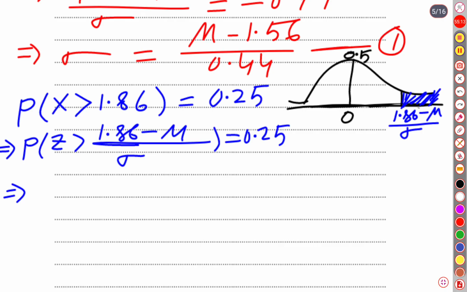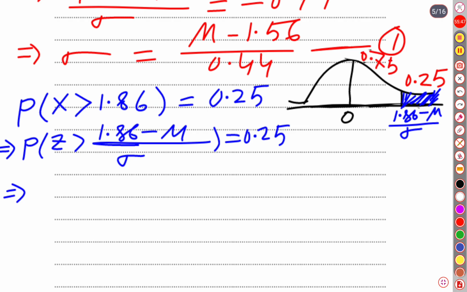So this is 0.25. Let me change the ink. It is 0.25. If it is 0.25, what about the left side? Left side is definitely 0.75. Let me erase this. 0.5 is no more necessary for us. That means left side is 0.75.